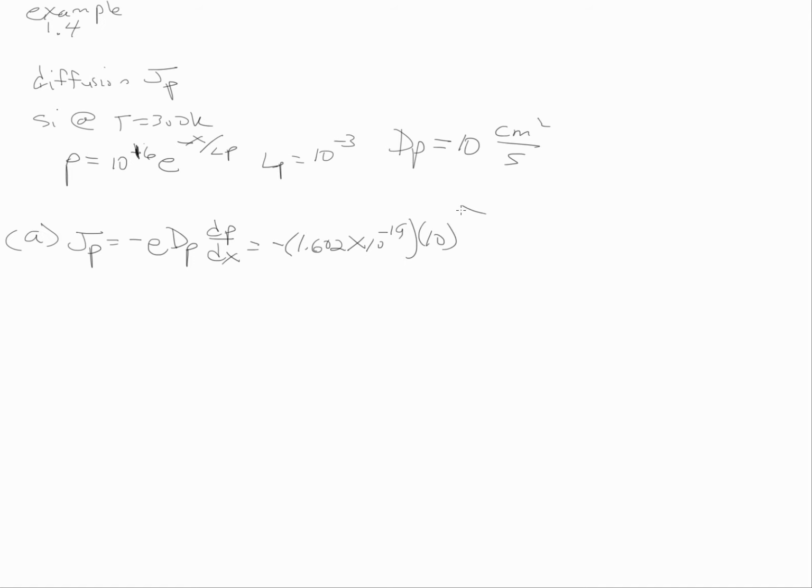And then we have to evaluate that differential, which is going to be 10 to the minus 16th times minus 1 over LP, which is 10 to the minus 3, times e. And part A is they wanted at basically x equals 0. And then you're going to have e to the 0. And this is going to come out to be 16 amps per centimeter squared.